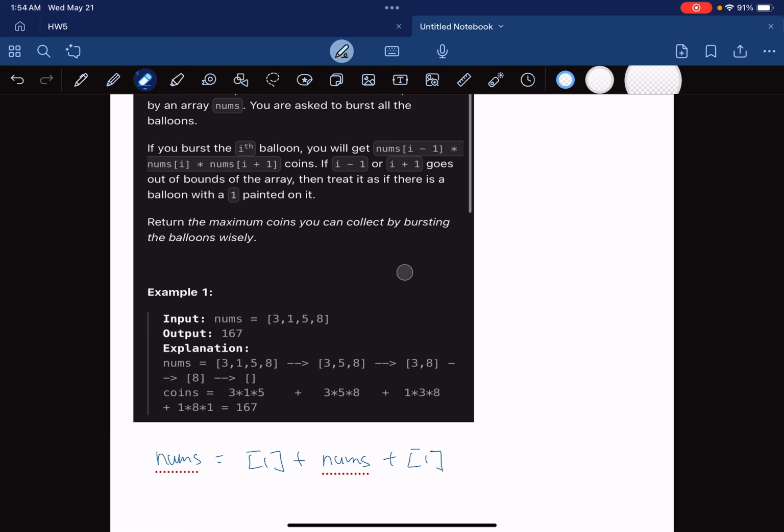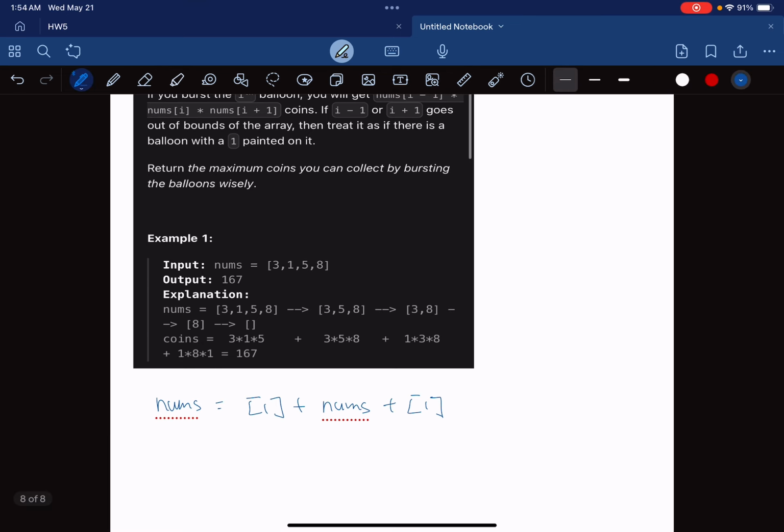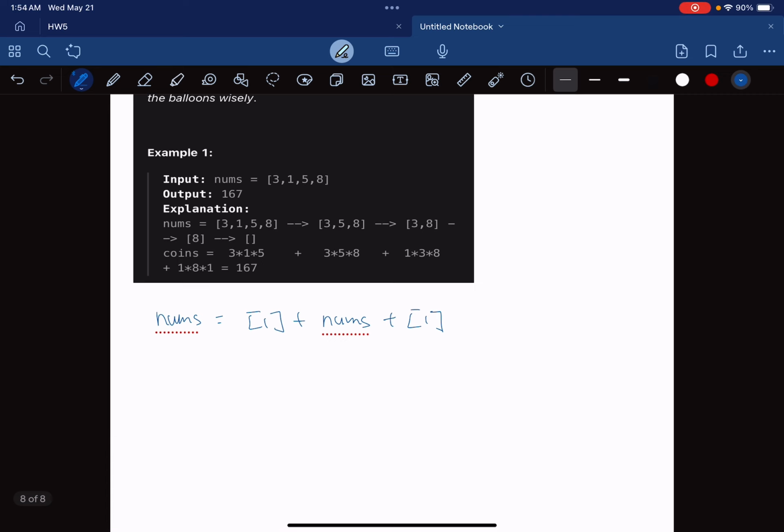Okay, let's try to build the DP array. So first we should initialize. We can set n to be the length of nums, and we can initialize a 2D array of n by n, all values set to 0.